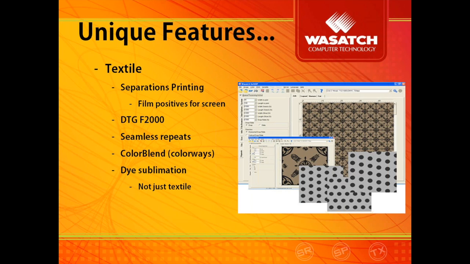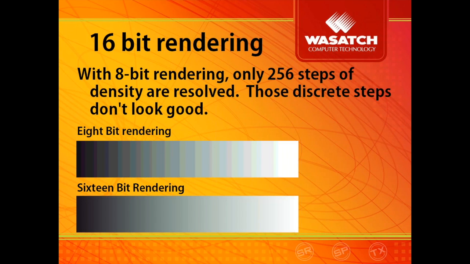Let the rip do the repeat, and if it's handled correctly by the rip, you won't notice at all where the file starts and ends. No faint lines.